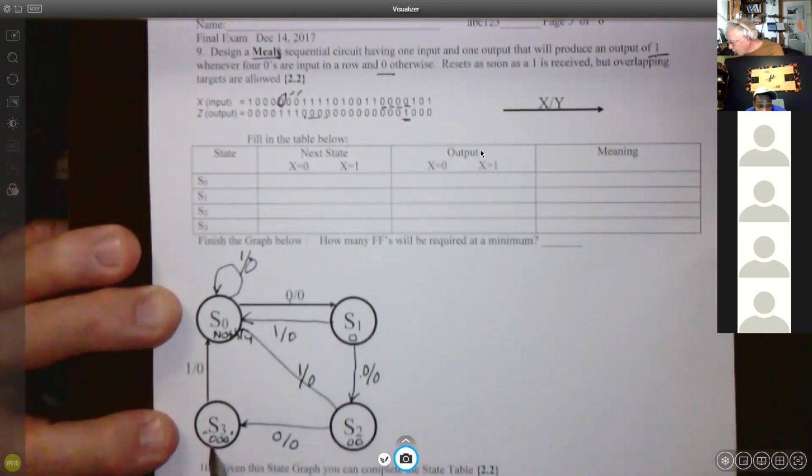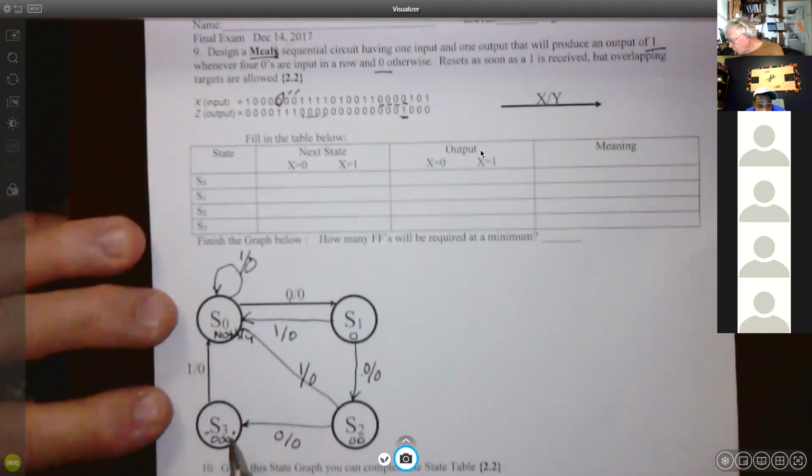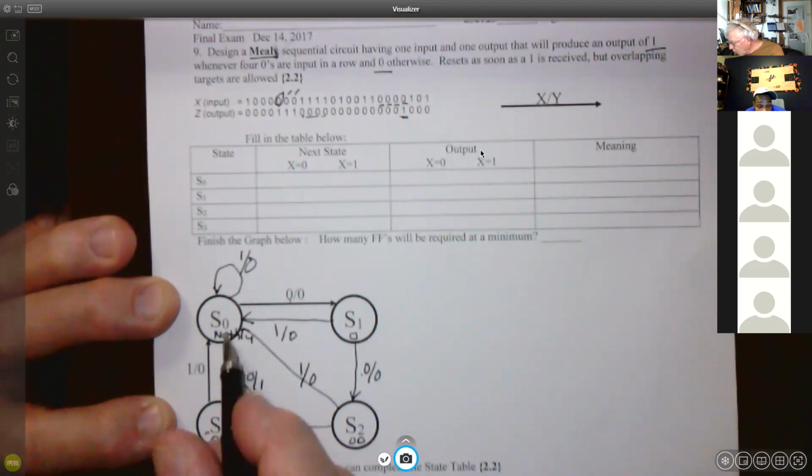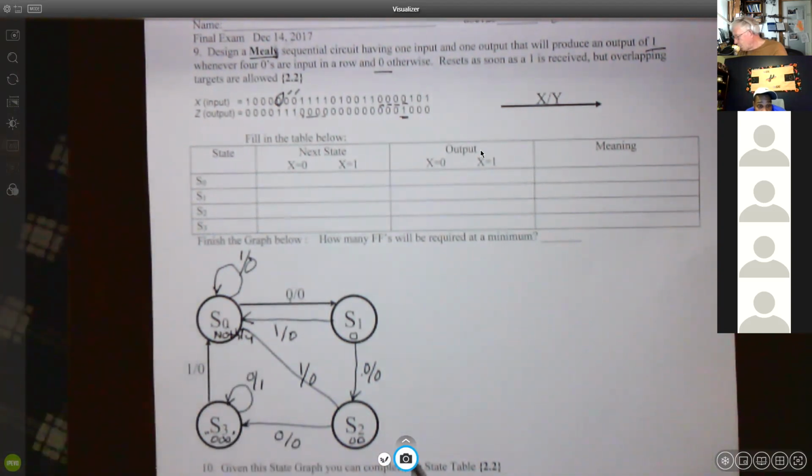So if we get a 0, that's 4 zeros. On a 0, what should we do? Well, we should stay here, but output a 1. If we get a 1, we're back to S0 and outputting 0. We don't have anything again.